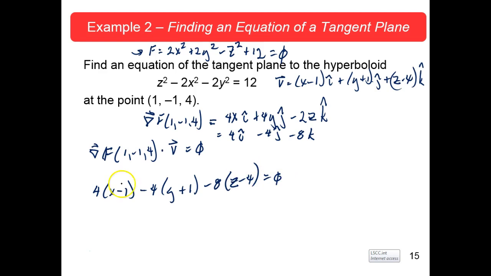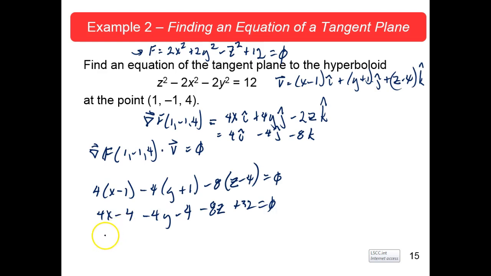Okay. So it'll be 4x minus 4 minus 4y minus 4 minus 8z plus 32 is equal to 0.